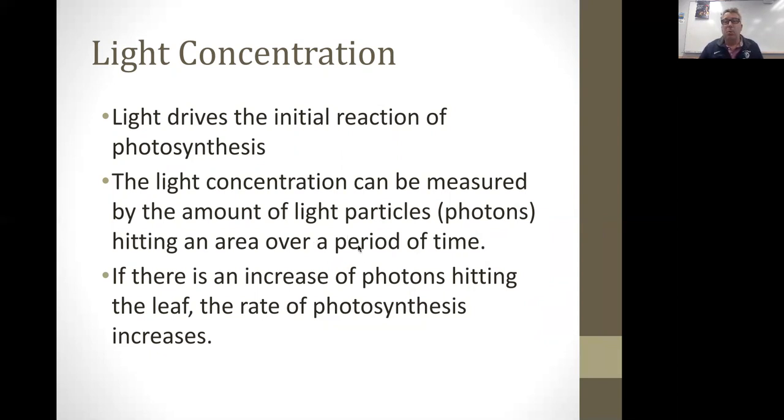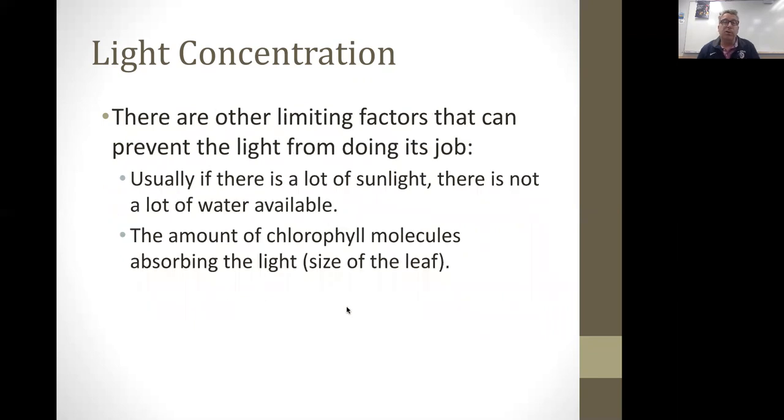And so with more particles, the rate of photosynthesis will increase, but that also depends on how many chloroplasts or how much chlorophyll is available. If there's an increase of photons, then the rate of photosynthesis will increase.